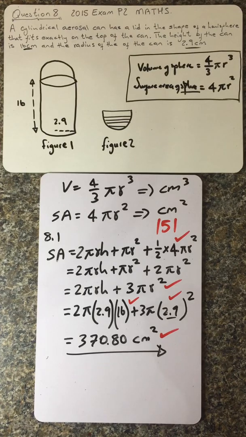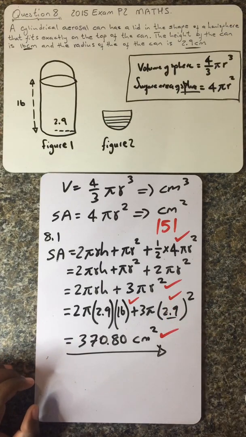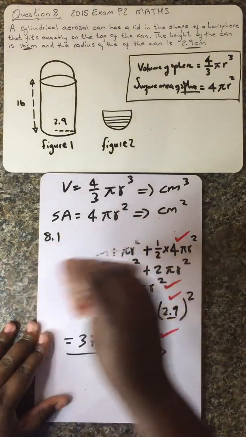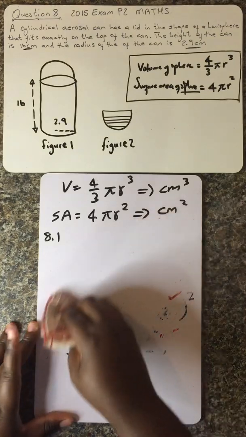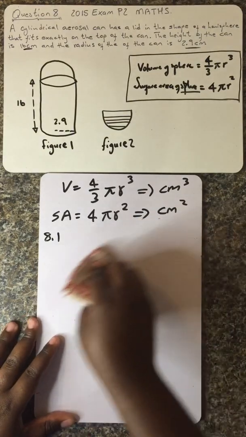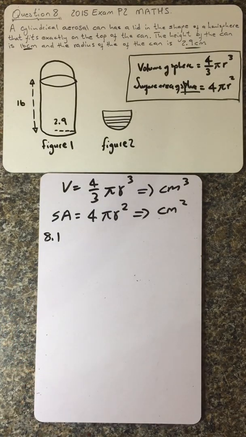You should know and understand what I've done there. If you don't understand, please make sure to replay this video so that you fully understand exactly what's going on. This lesson is suitable for grade 10, 11 and 12 learners, and if you're doing maths literacy, this lesson is also suitable for you.